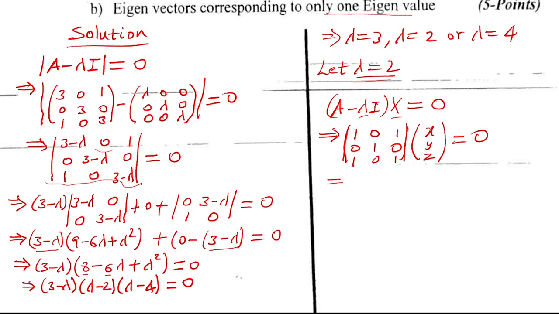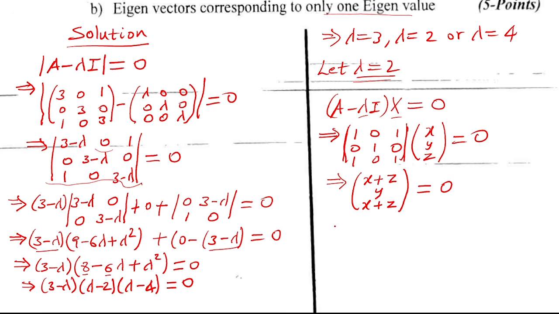Now when we multiply, we will get, look, first row, first column, x plus z. Second row, first column, y. Third row, first column, x plus z is equal to 0.